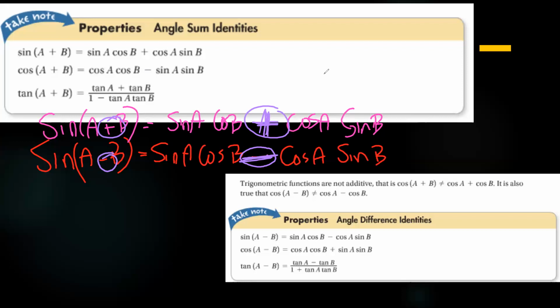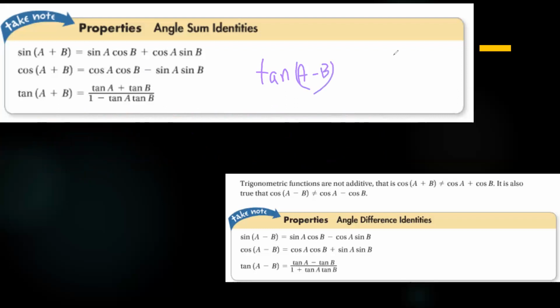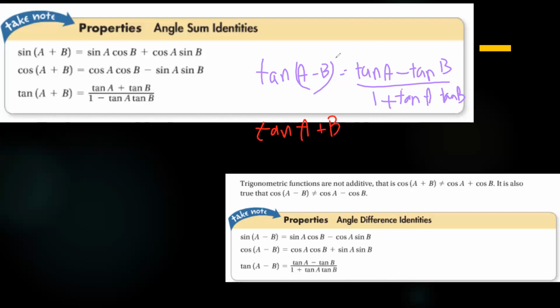Now, let's talk about the tan. For the tan, we know that tan of A minus B is tan of A minus tan of B over 1 plus tan of A tan of B. This is if we have tan of A minus B. Now let's see how A plus B will be.